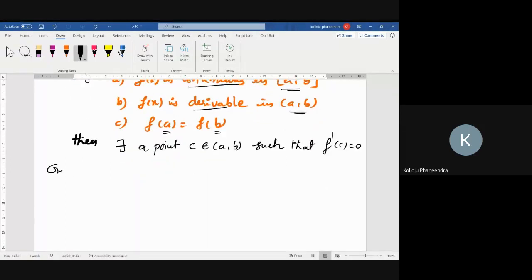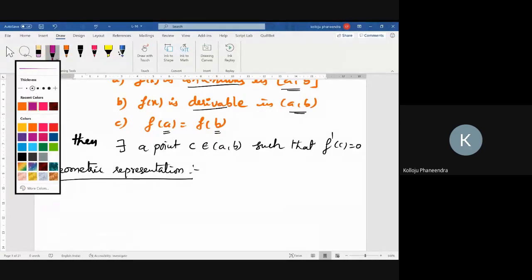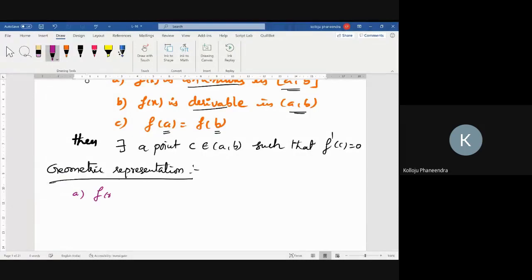And what is the geometric representation of this Rolle's theorem? The first point, f of x is continuous in closed [a, b]. Means what? The curve y equal to f of x is defined at every point.